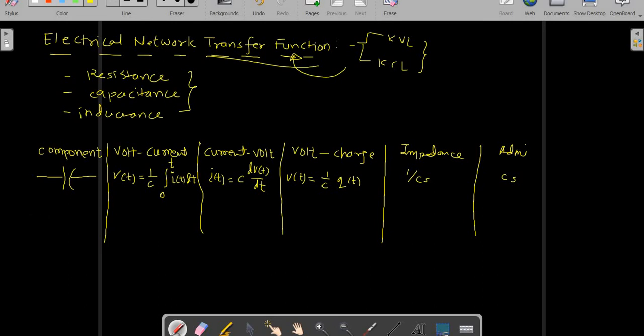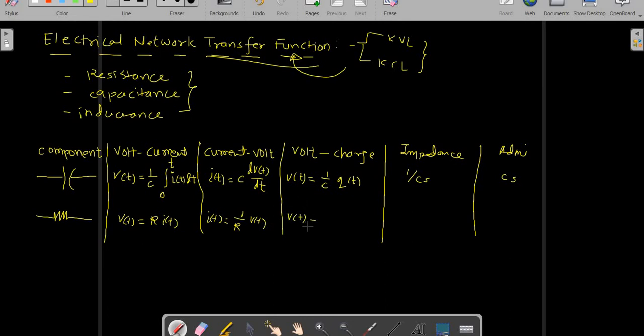Second component is resistance, where we write voltage current relation as V of t is equal to R into I of t. I of t is equal to 1 upon R V of t.